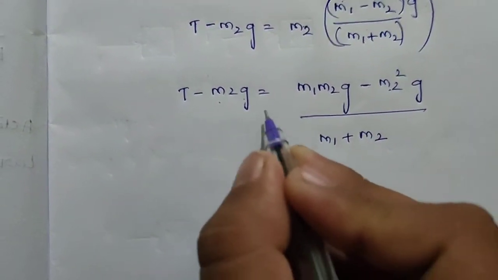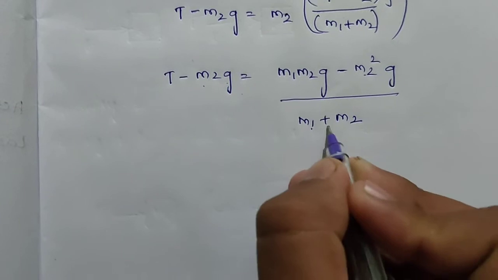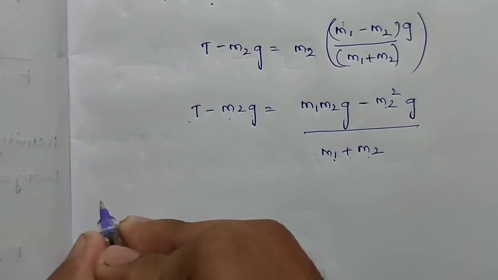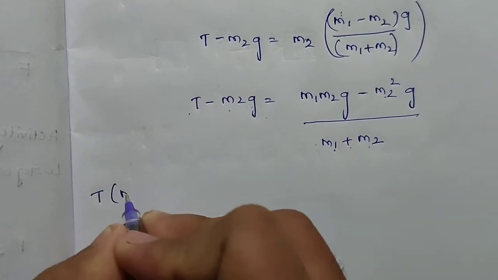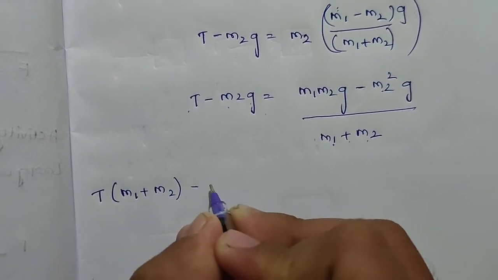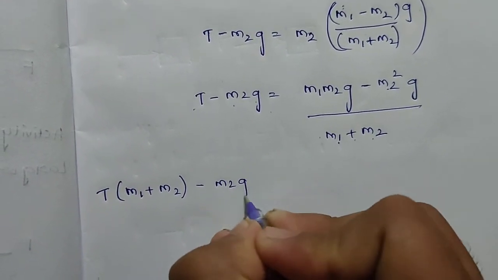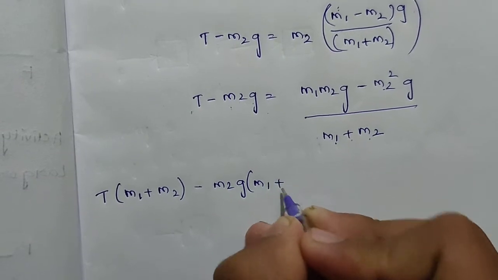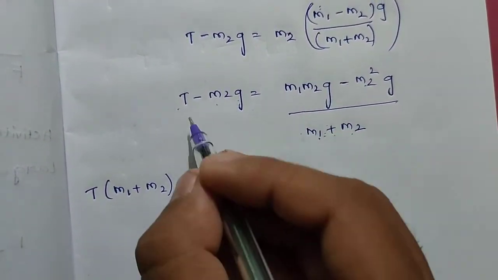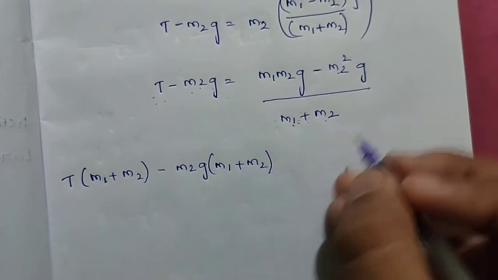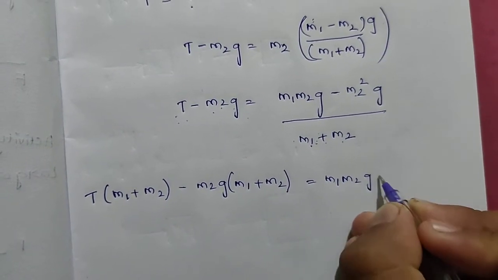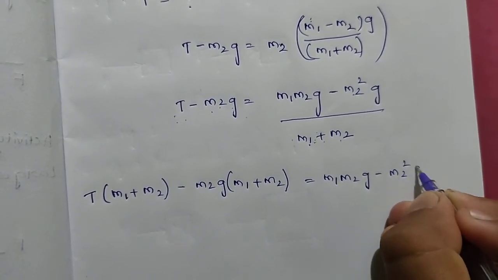Now we have to do the cross multiplication. Okay, so m1 plus m2 multiplied with T and m2g. So T into (m1 plus m2) minus m2g into (m1 plus m2), I am multiplying this term with both these terms, is equal to m1 m2 g minus m2 square g.